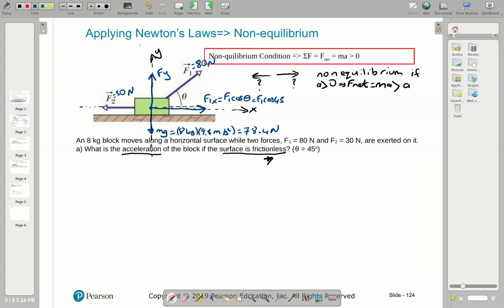Fy. Now along y we have equilibrium, and there's one more force I forgot to show along y. Let me show it. That's not good. I forgot the normal force. If I am touching a surface, it's always there, right? I have my normal force along y, and I know along y there's no motion. There's equilibrium along y. So along x we have a motion with acceleration.